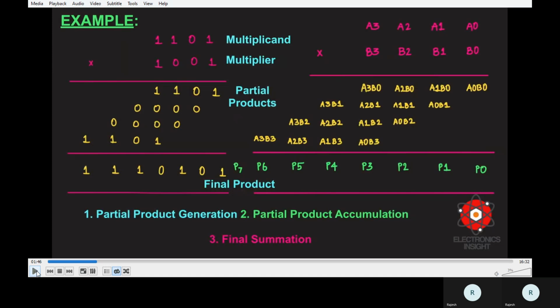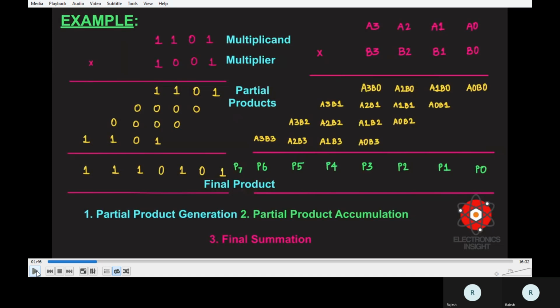This multiplication is represented on the left side using an example where the multiplicand is 1101 and the multiplier is 1001. Now you multiply each bit. 1101 multiplied with 1 is written as 1101. By moving one bit left, 0 multiplied with 1101 gives 0000. Then again 0 multiplied with 1101 gives 0000. Then 1 multiplied with 1101 gives 1101.